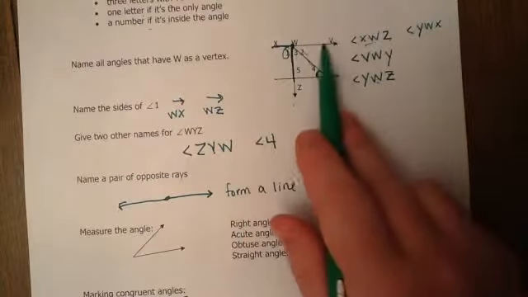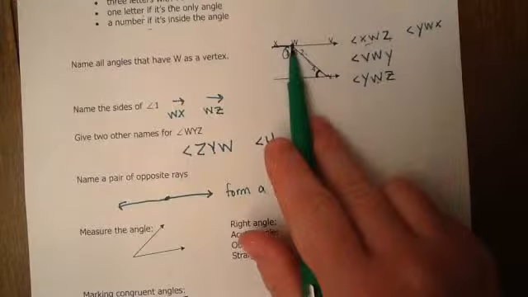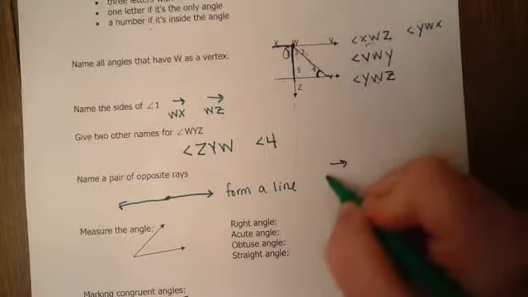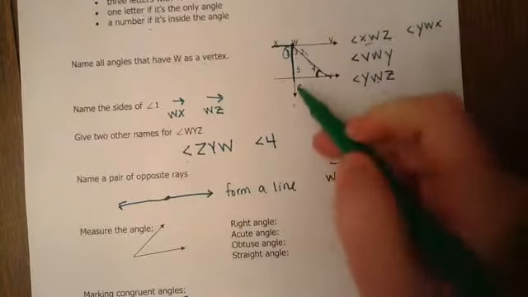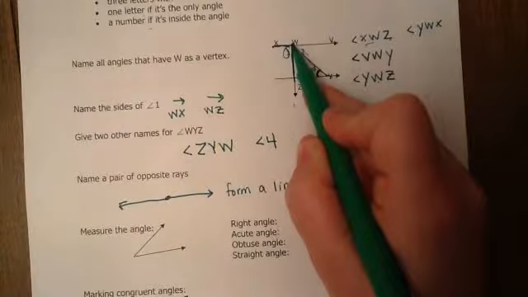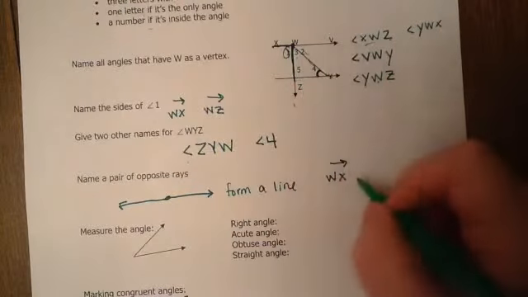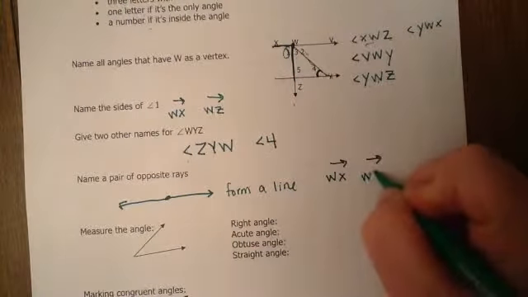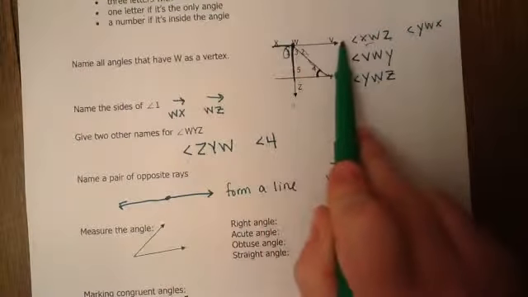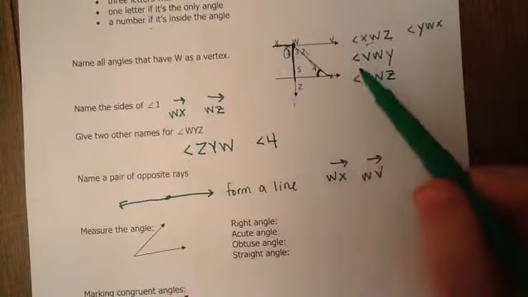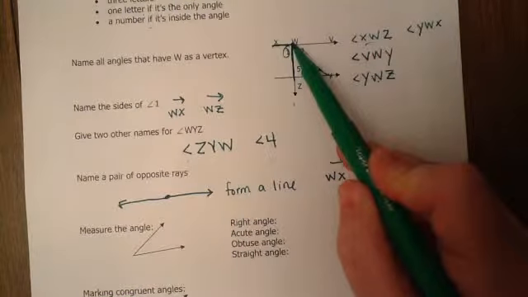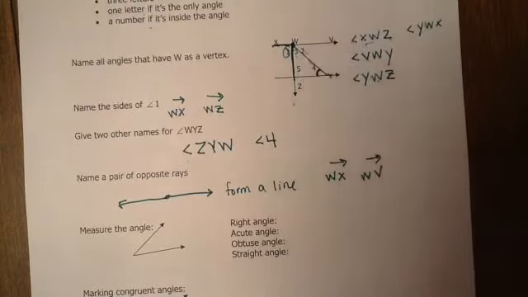Which one is the vertex in the middle? Would be W, so I would have ray WX, which goes left, and ray WV goes to the right. So here I have my line, the only one that I have here with 3 points on the same line. My endpoint would be WX and WV.